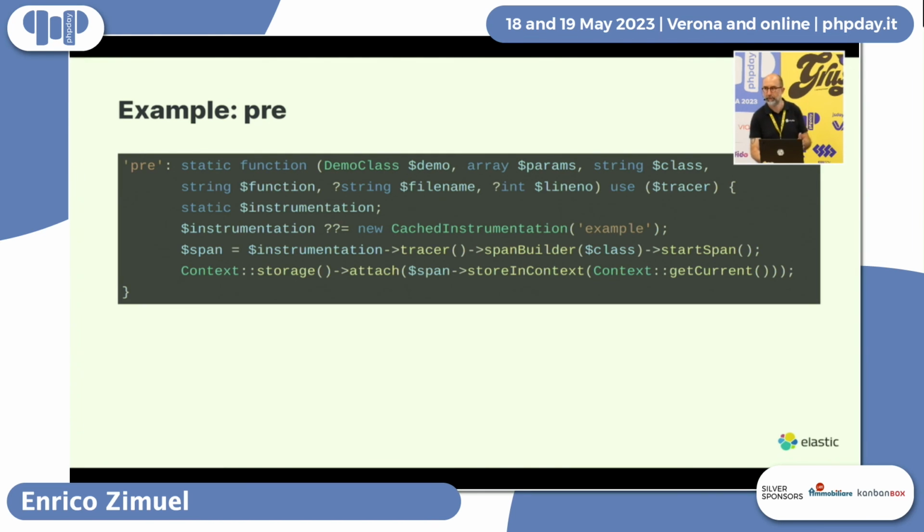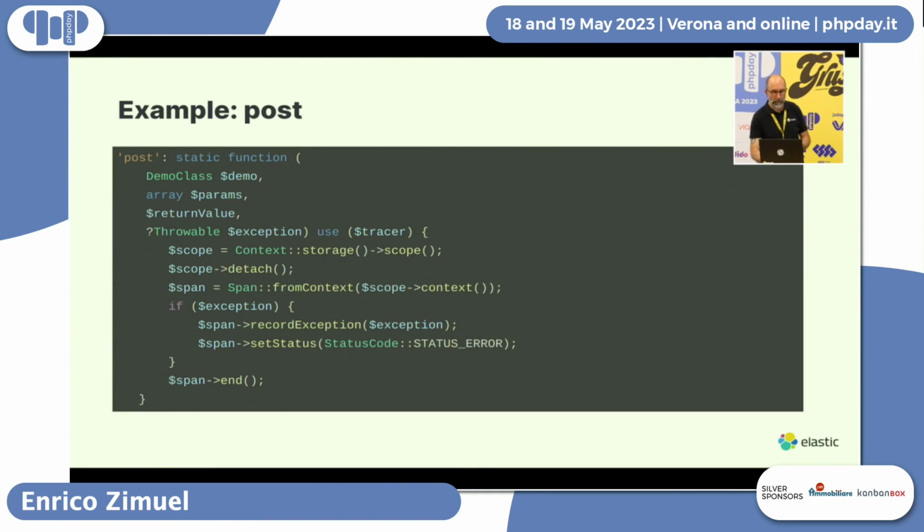This is very simple and minimum code. Of course, you can add whatever you want here. And this is the post. The post is a function where you have a couple of parameters passed. You have a tracer, of course, and here we are just detaching the scope, and you can even do nice stuff like exceptions.